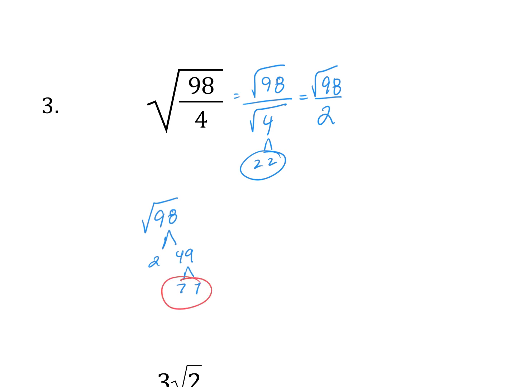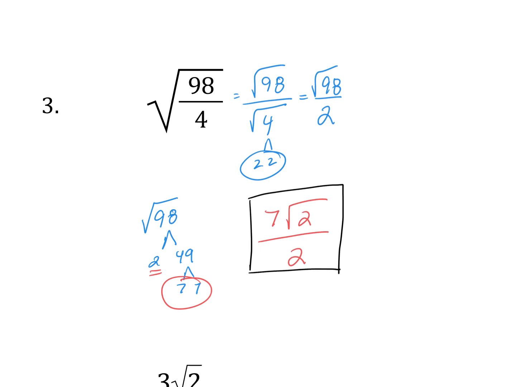So I have 7 on the outside, the square root of 2 on the inside, divided by 2. This is our new radical. I took this 2 right here, and it stays on the bottom, and we simplified this over here, and it became this right here.